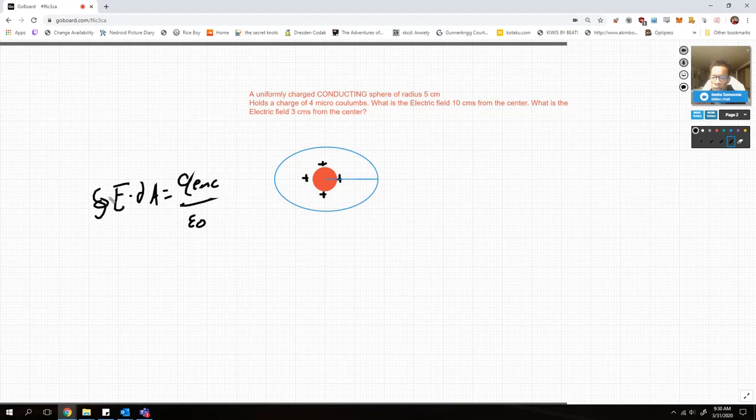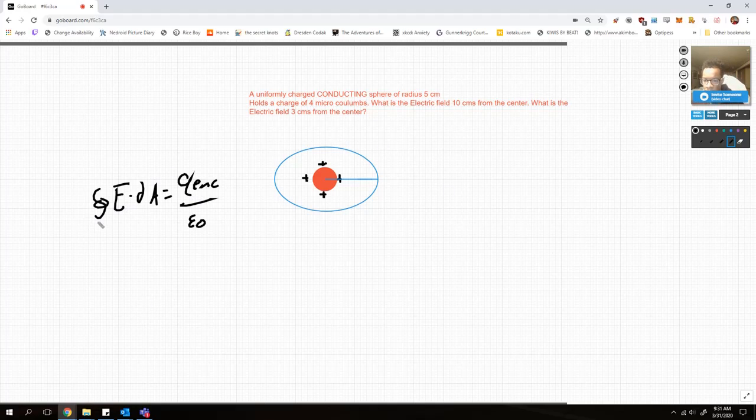So first thing I generally like to do is look on the left side of the equation and solve this integral. So I know I have to integrate over my entire area, and my entire area of a sphere is just going to be the area of a sphere, which is 4 pi r squared.